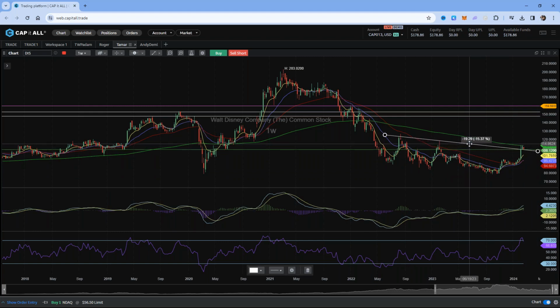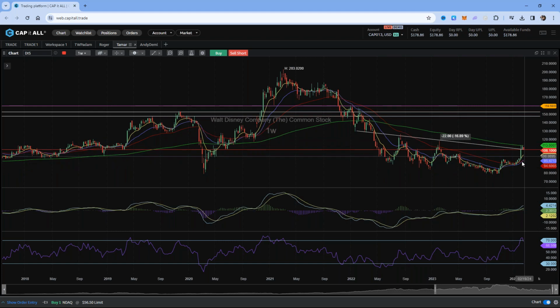So for me, kind of using this channel, let's have a little look at the candle. It's a strong candle.